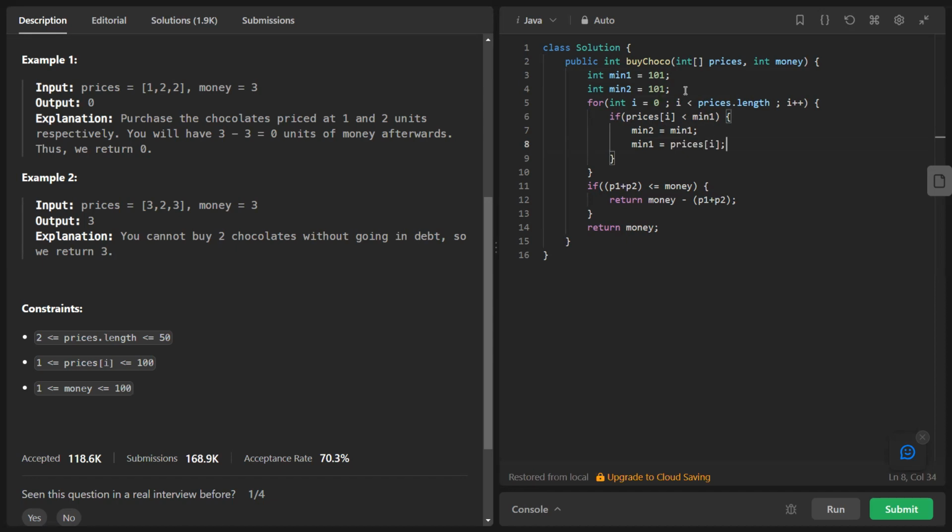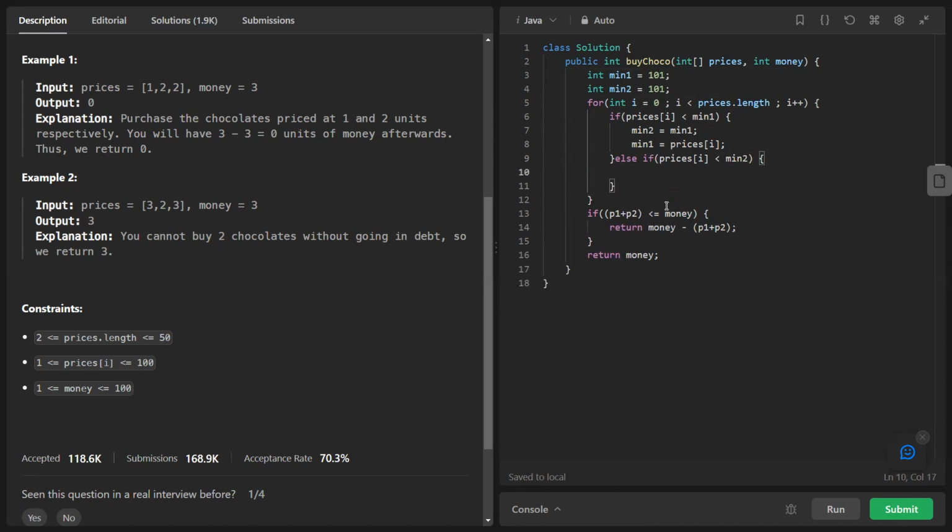Very simple logic. And else if my current value is less than min2, in that case I will just update my min2 to the current index value, prices of i, and that's it.